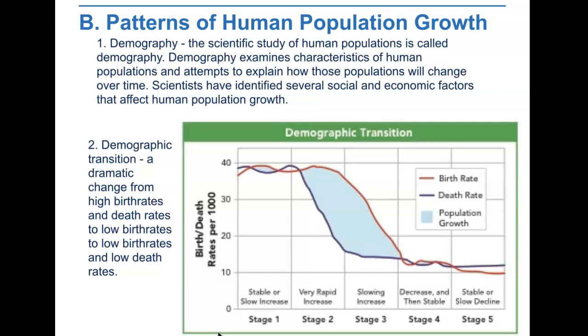In parts of South America, Africa, and Asia that are passing through stages 2 and 3 now, the stages are: stage 1, which is stable to slow increase; stage 2, which is very rapid increase; stage 3, which is slowing increase; stage 4, which is decrease and then stable; and stage 5, which is stable to slow decline. They're shown in the graph.